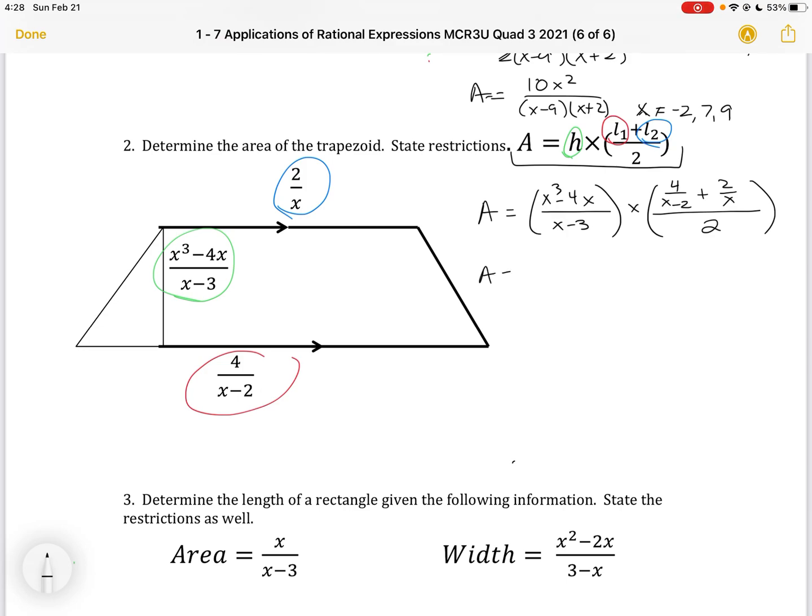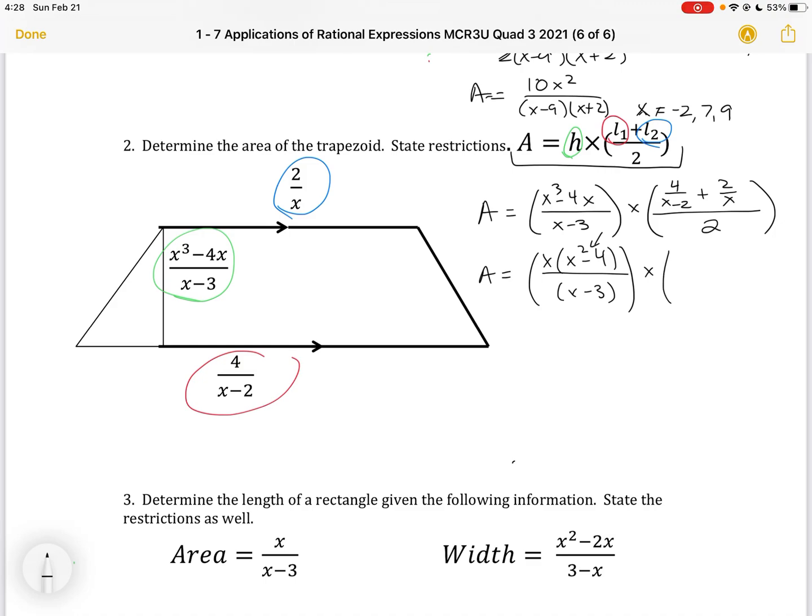So first thing that I need to do is some simplification. So I'm going to do some factoring at the same time. So I've got x times x squared minus 4 all over x minus 3. I notice that I can actually factor a little bit further. I'll do that in my next step.